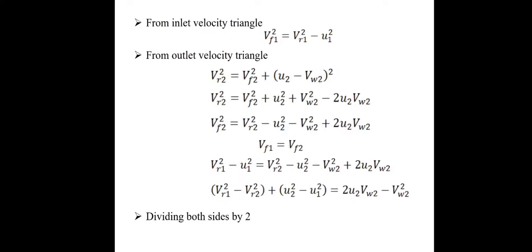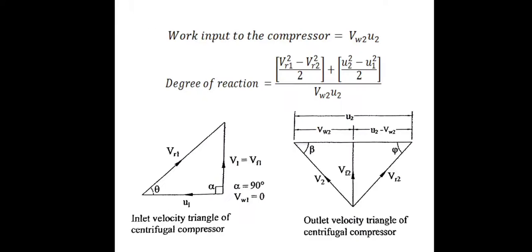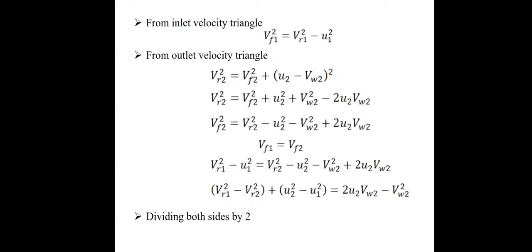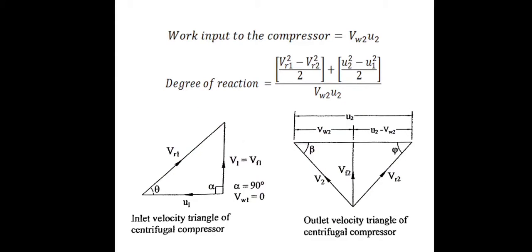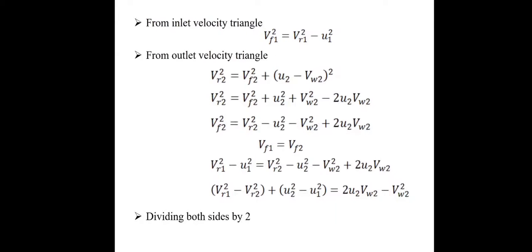Next, from the inlet velocity triangle, VR1 square is equal to VF1 square plus U1 square, so VF1 square is equal to VR1 square minus U1 square. From the outlet velocity triangle, VR2 square is equal to VF2 square plus (U2 minus VW2) all square.